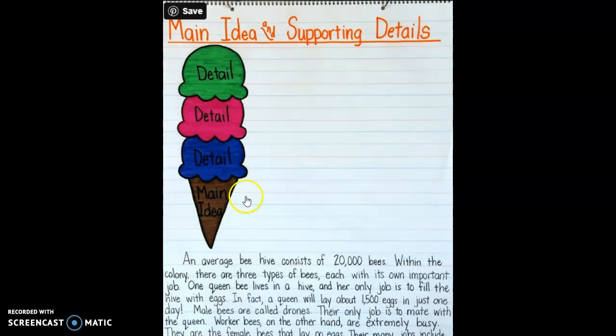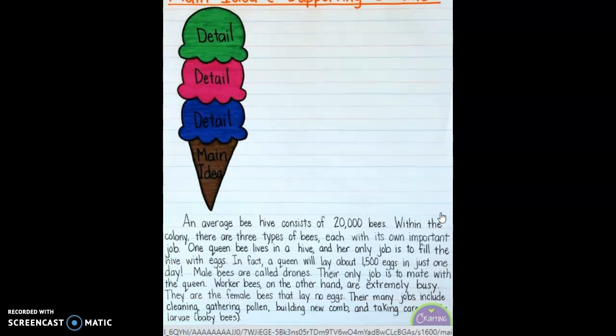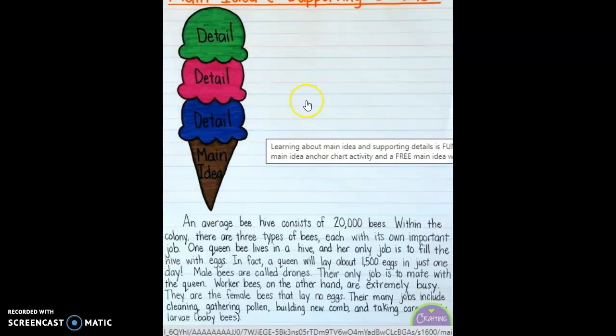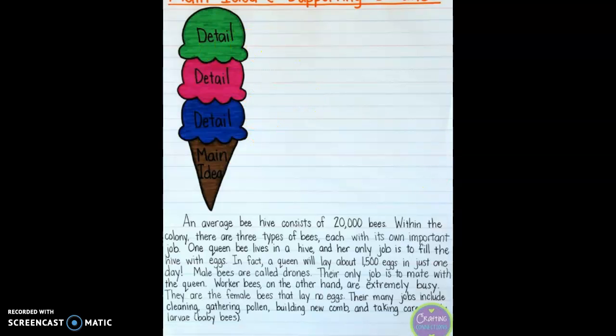Let's look at this paragraph to try and identify our main idea and three supporting details. An average beehive consists of 20,000 bees. Within the colony, there are three types of bees, each with its own important job. One queen bee lives in a hive, and her only job is to fill the hive with eggs.